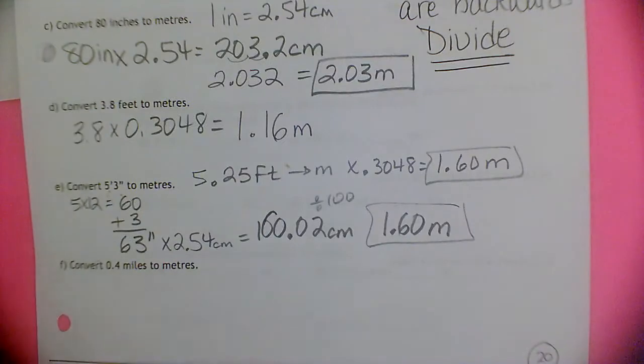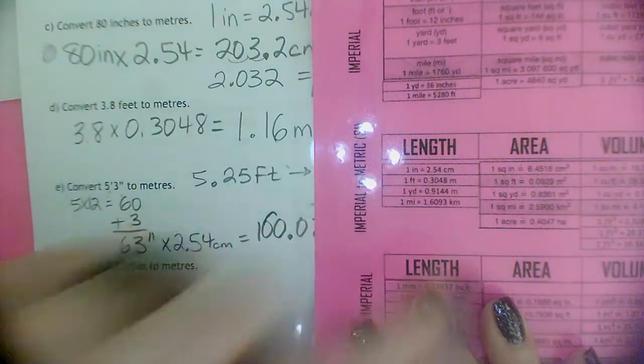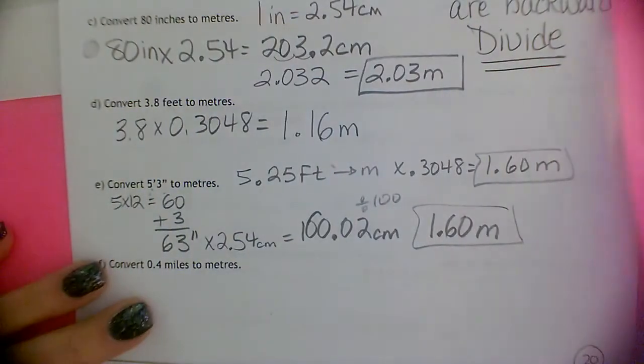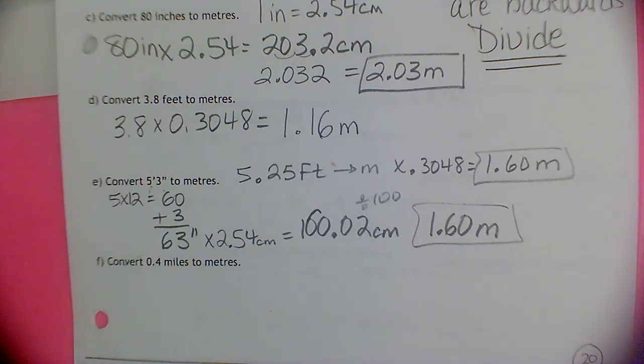See how there's a couple different ways you could have done it. It's your choice. Every question has definitely one way of doing it, but there may be more than one way. And that's the reason why we go to so many decimal places on each of these. If you use a different conversion factor and somebody else uses a different conversion factor and you only do one decimal place on your conversion factor, then you can have a big difference.